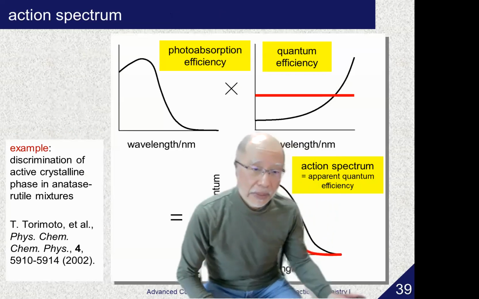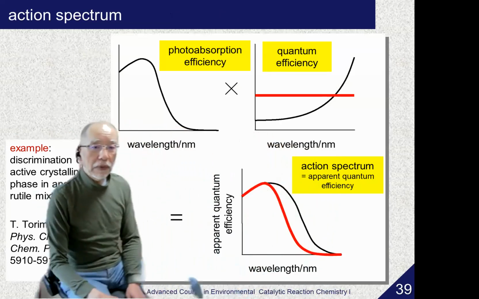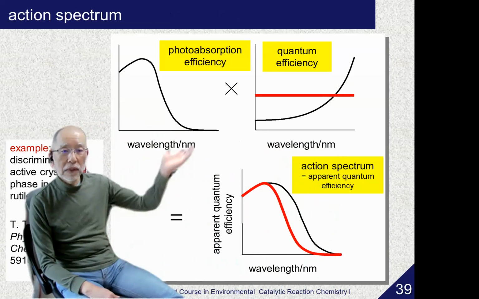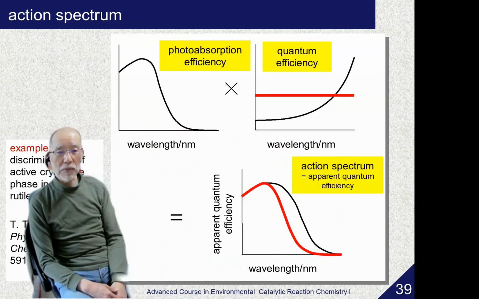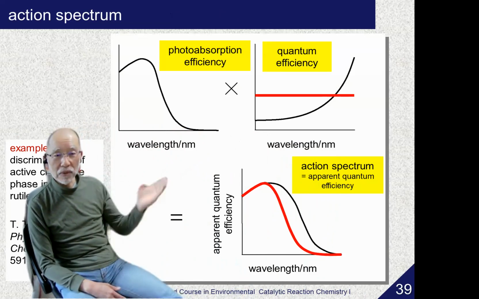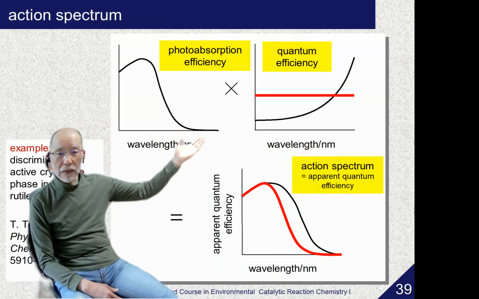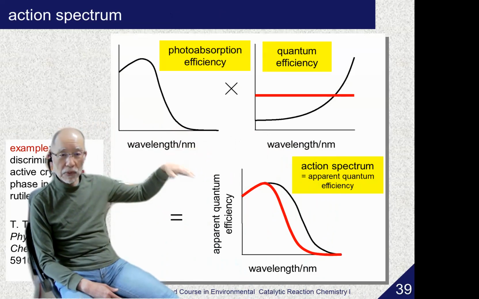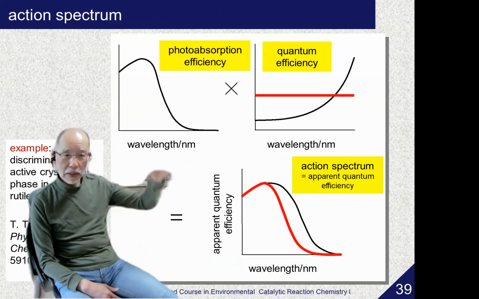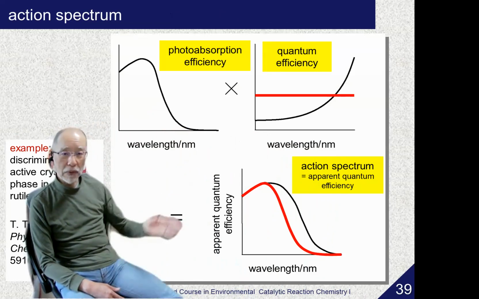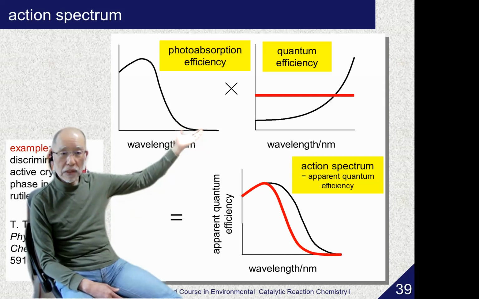If the photocatalyst absorbs light, something like this, that is wavelength dependent photoabsorption efficiency. And you know that at the higher wavelength, the energy is small, and it is impossible to induce the excitation from valence band to conduction band. Therefore, no efficiency, zero.